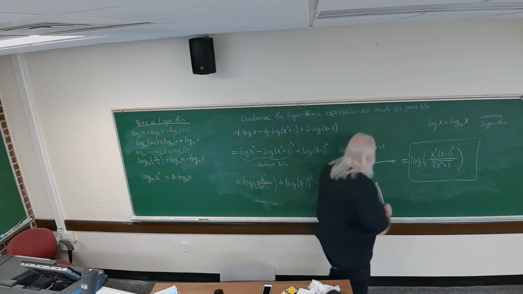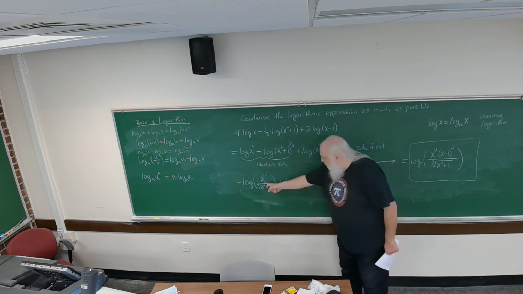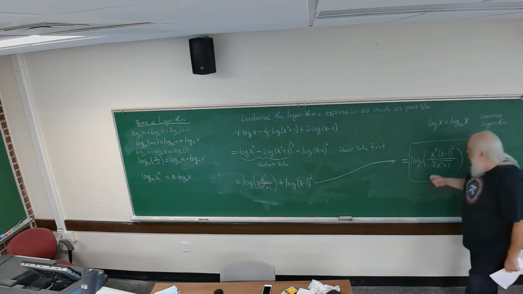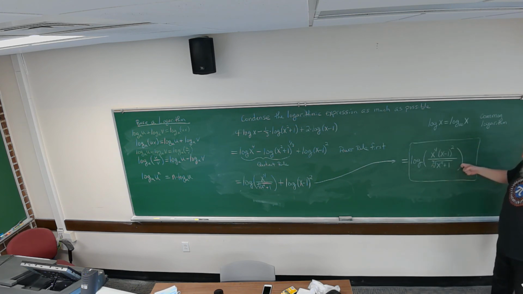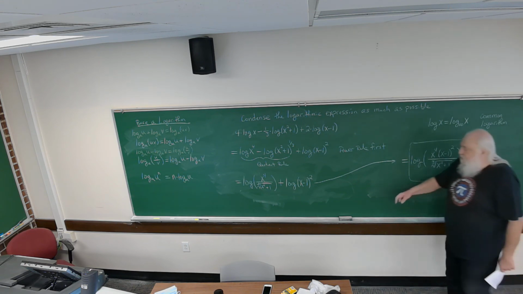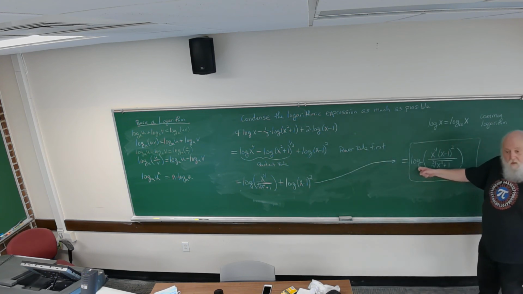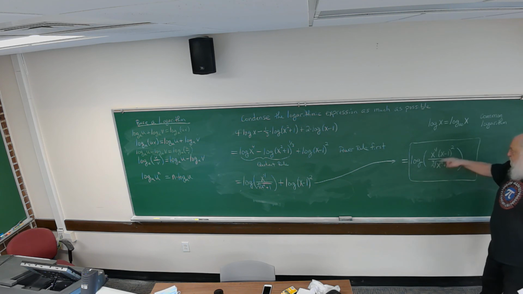And so when I multiply this in parentheses times x minus 1 squared, I get this in parentheses here. X to the fourth times x minus 1 squared over cube root of x squared plus 1. So this sum of these two logs simplifies to the log of this in parentheses.